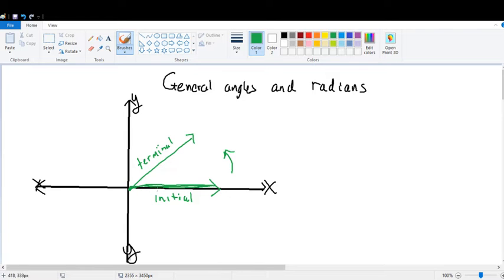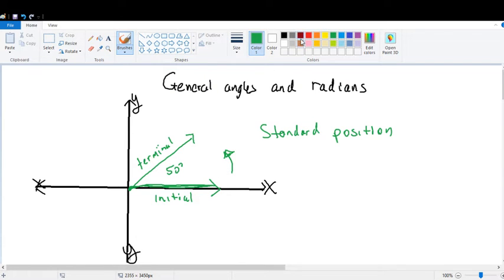Okay, so this is called standard position. And that's again when the initial side is on the x-axis and it's rotating counterclockwise. So if I have this, I would say it's about 50 degrees.